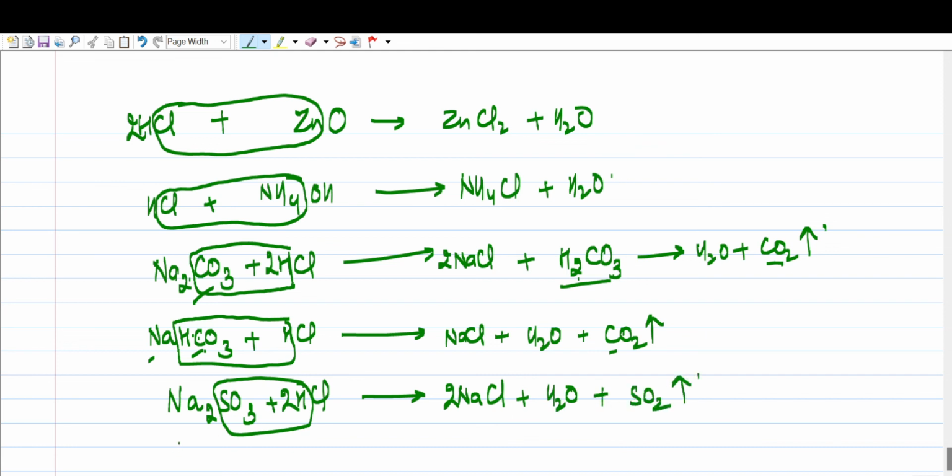Okay, if we take NaHSO3 bisulfite, again the reaction will be hydrogen and sulfite will form water plus sulfur dioxide, and you'll get NaCl. Is this clear?